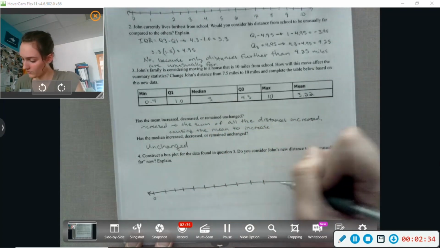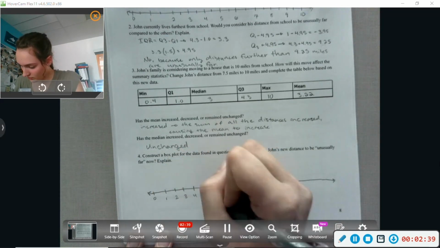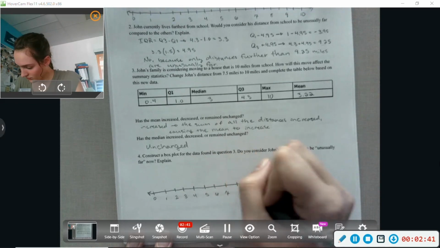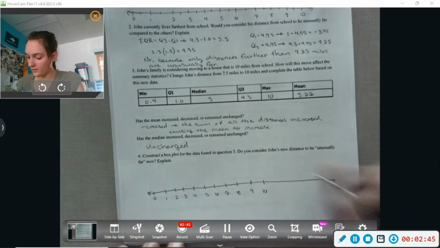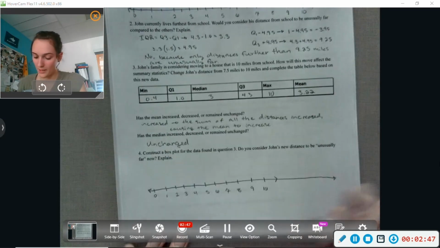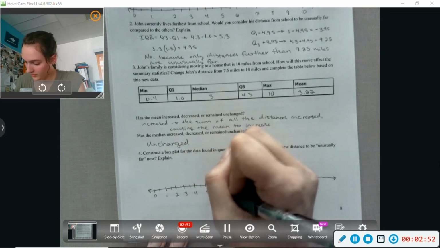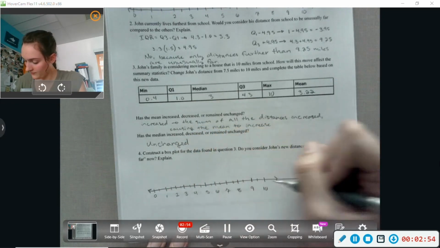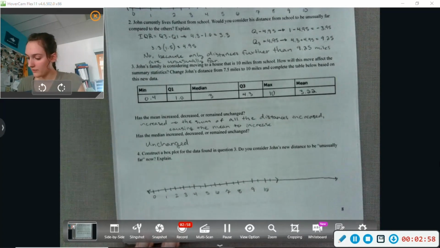My box plot here is a little longer than it needs to be, but that's fine. It goes on forever, right? And then I'm going to make my half indicators again. Okay. And so we're essentially going to graph it mostly the same, right?